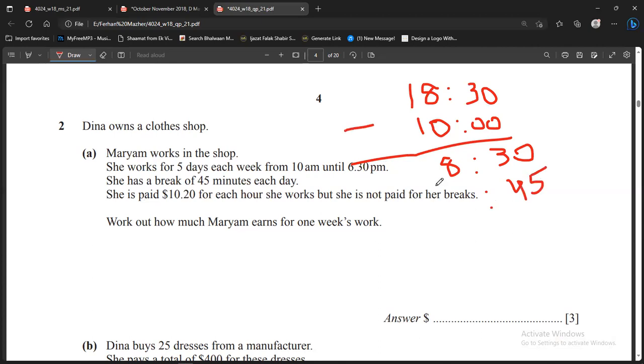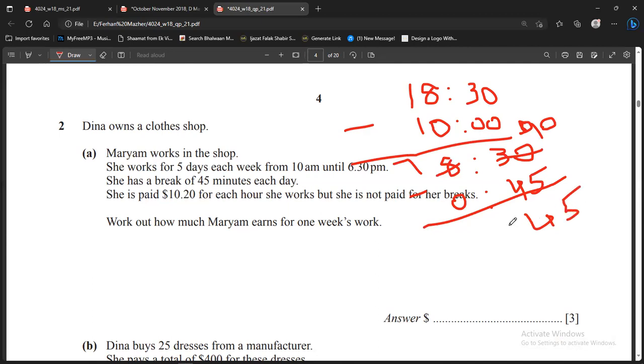From here I will borrow 1 hour, so I will have 7 here. When it is added here, it will become 90 minutes. So from 90, I subtract 45, and you will have 45.